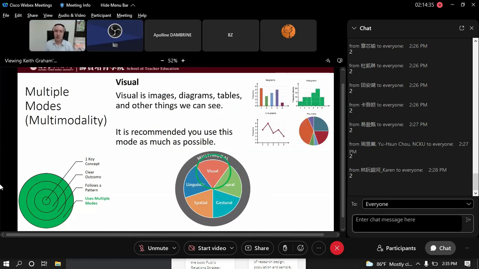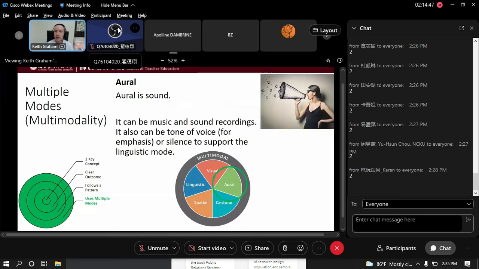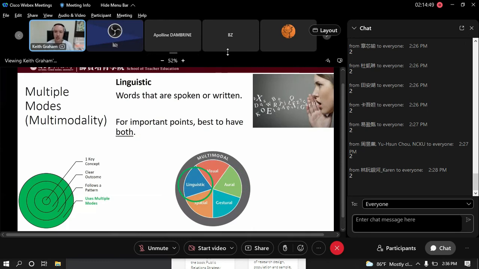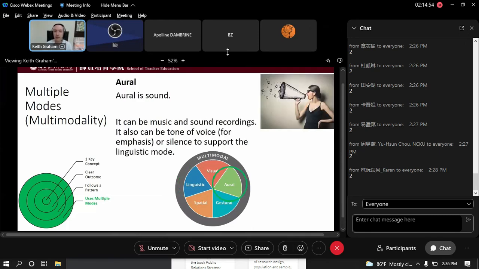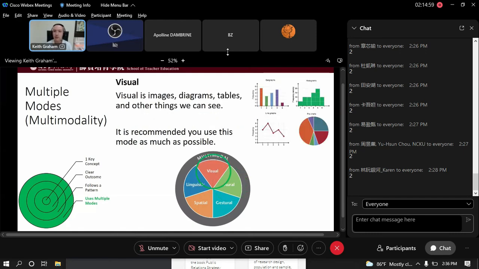The visual. This is images. And I don't know if you've noticed at this point, but in the upper right-hand corner of all of these slides, I've had an image to try to represent the meaning. Linguistic, the language, oral, emphasizing, so she's making something even louder, and visual. Many of your subjects are going to have diagrams. You're going to have things like tables or equations.